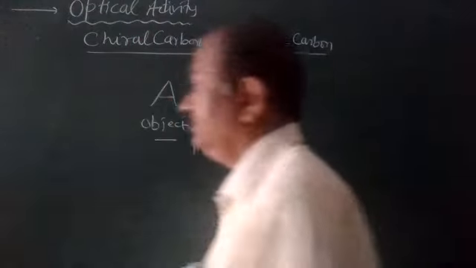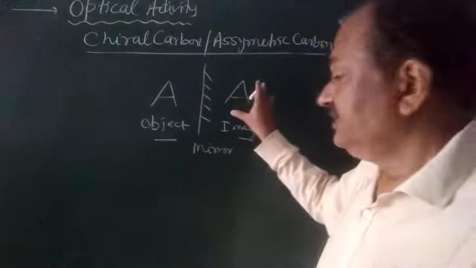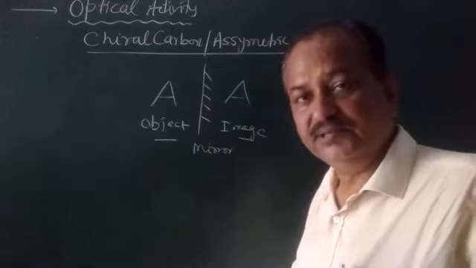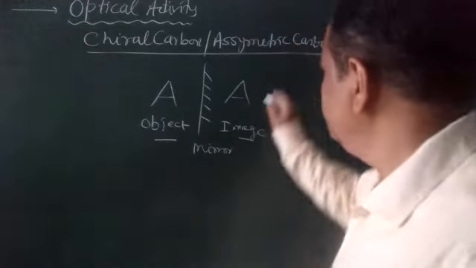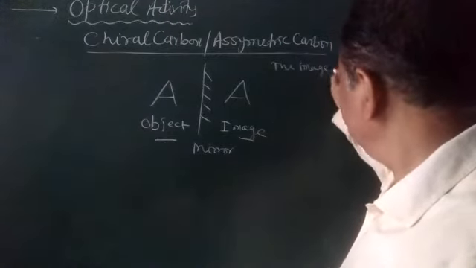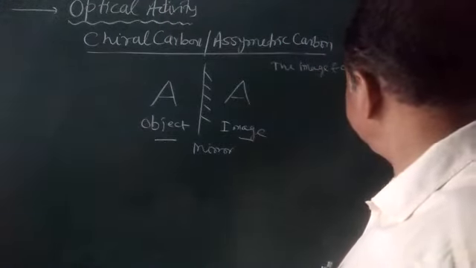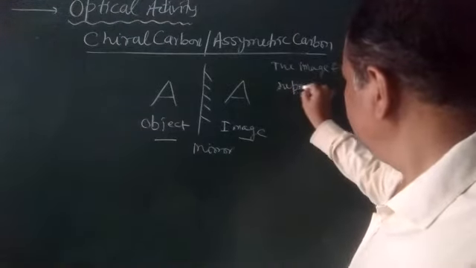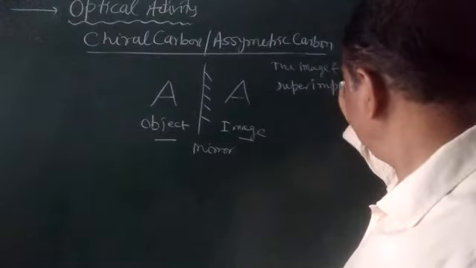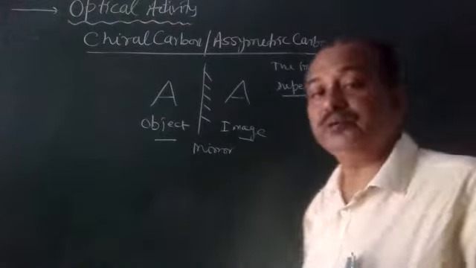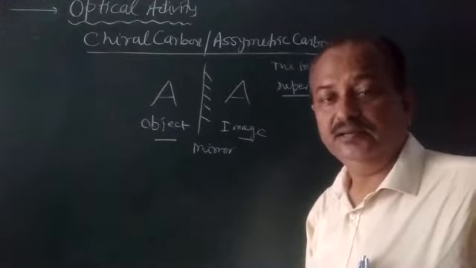Now if we take the image and put it over this, it means the image and object are superimposed, or they are superimposable.